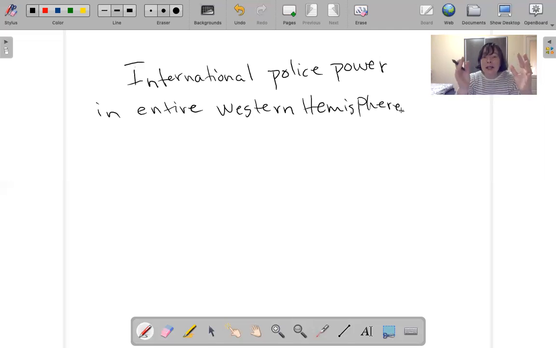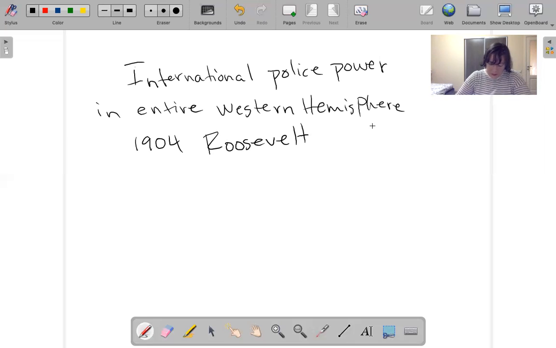It's an entire half of the globe, half the world. The United States announced to the world, we have police power in half the world. And that was done by President Roosevelt in 1904.